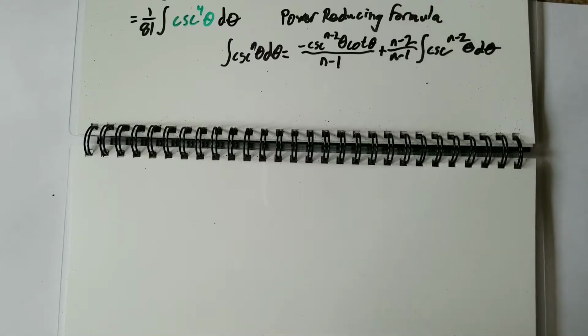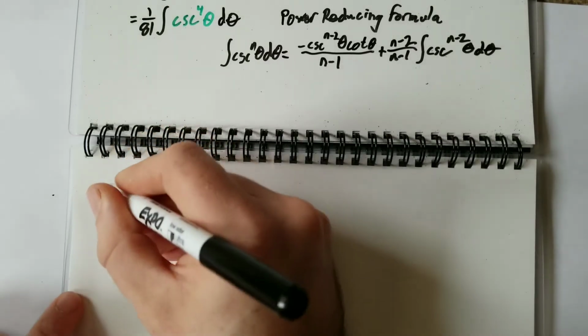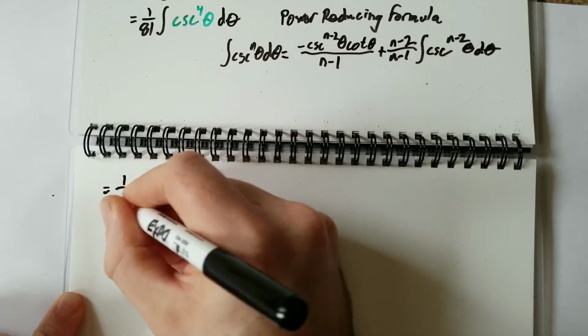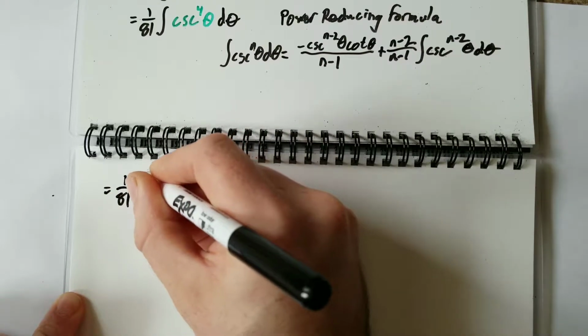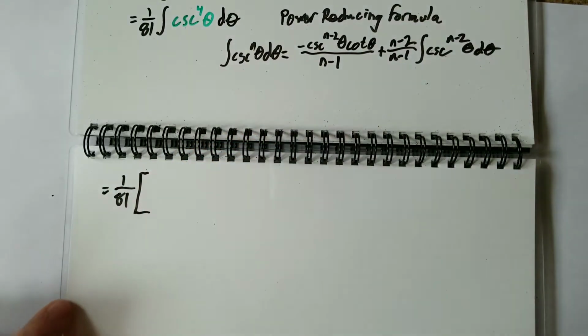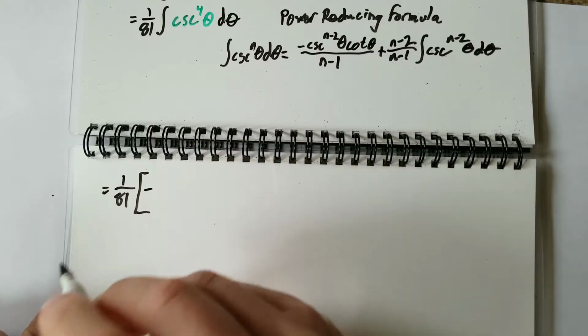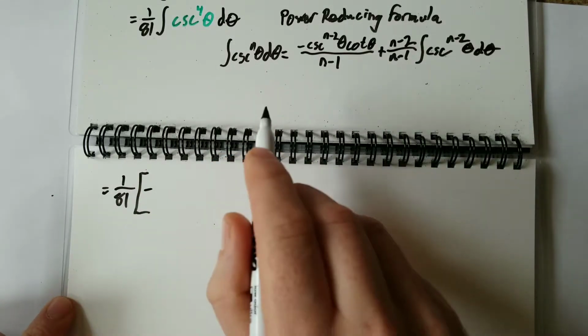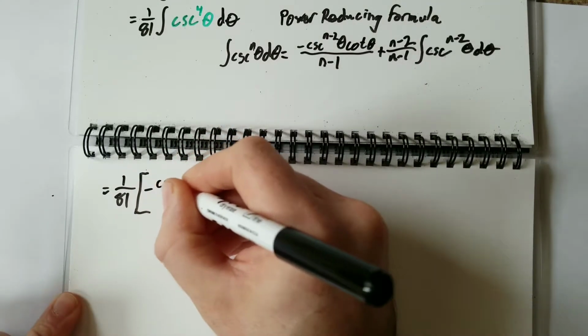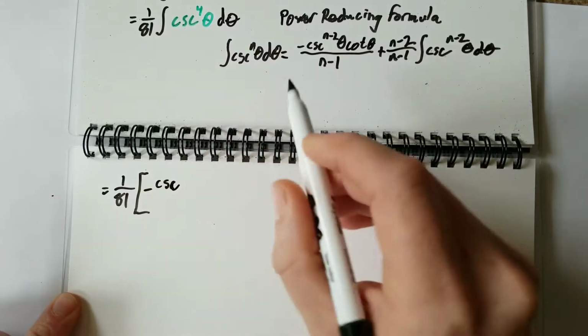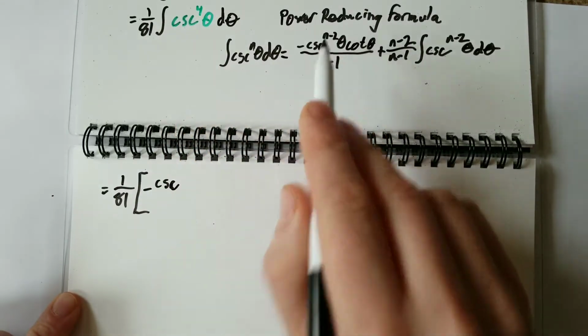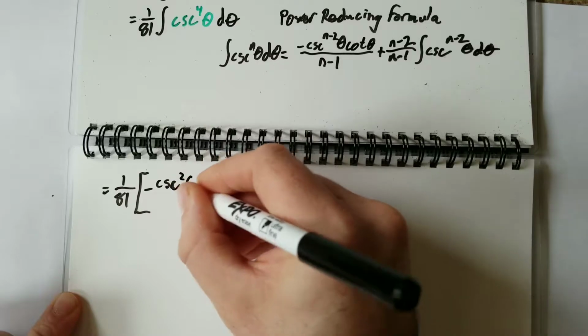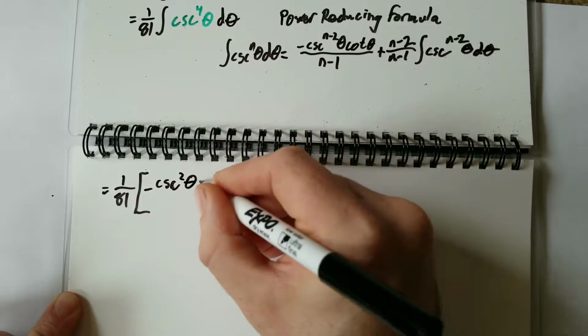Okay, so we now have 1 over 81. I'm going to put this inside of brackets. We've got negative cosecant, well, our n is 4, so 4 minus 2 is 2, cosecant squared theta, times cotangent theta.